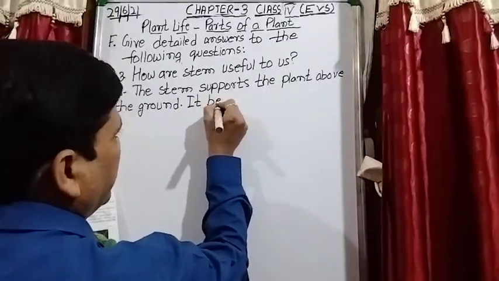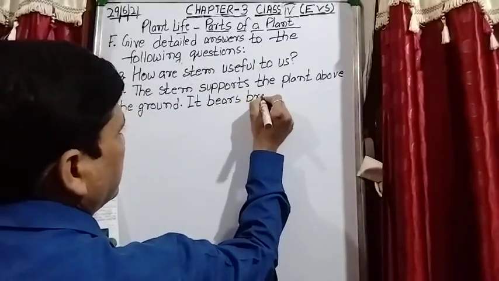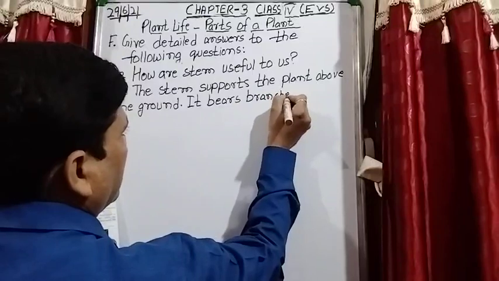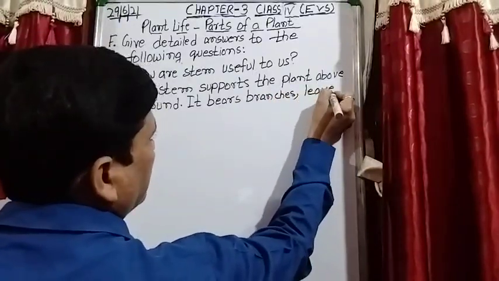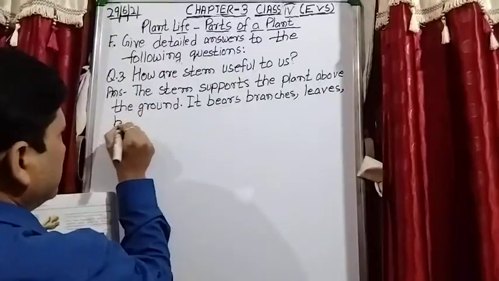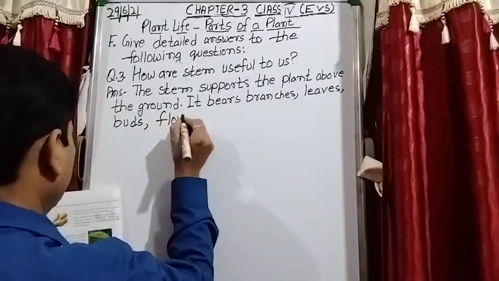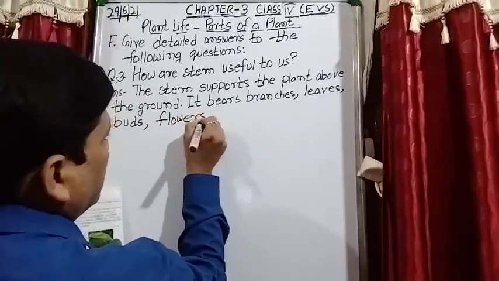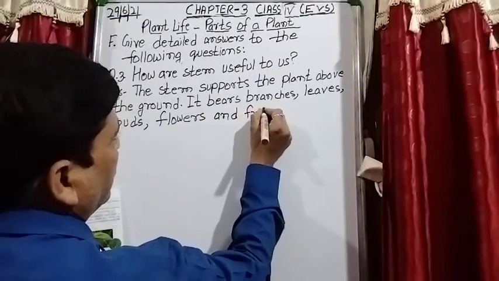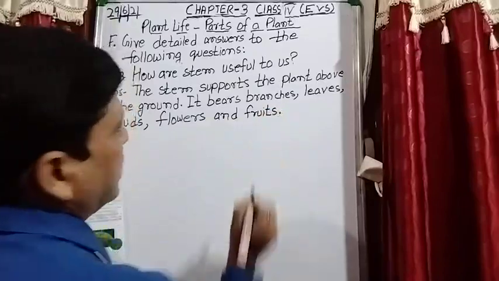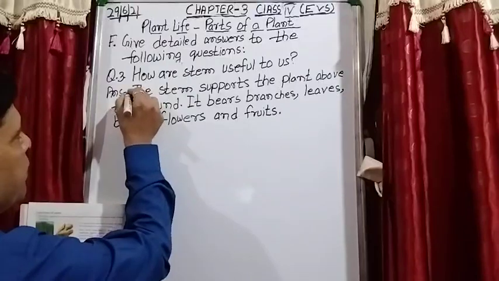It means it bears branches, leaves, buds, flowers, and fruit. So these are the parts of the stem. Now this is the first point.